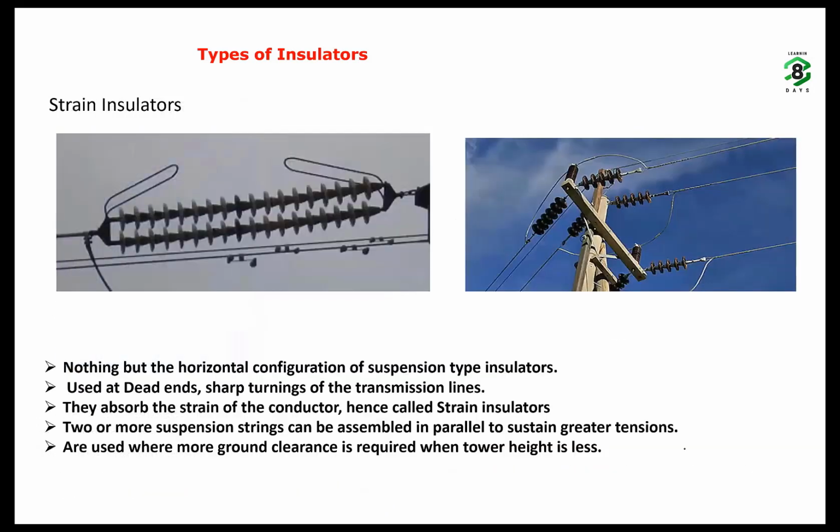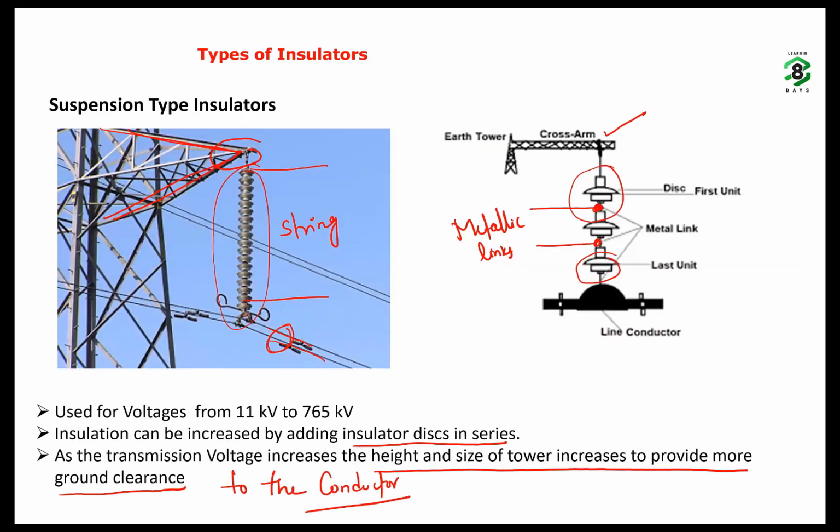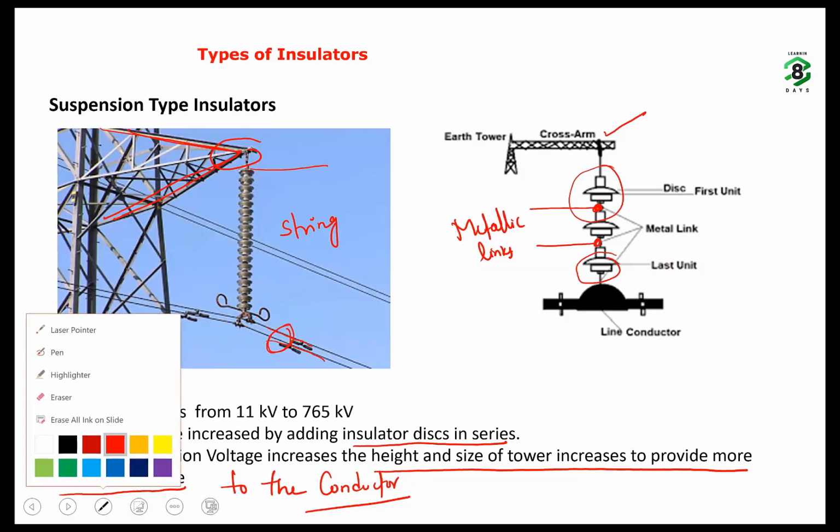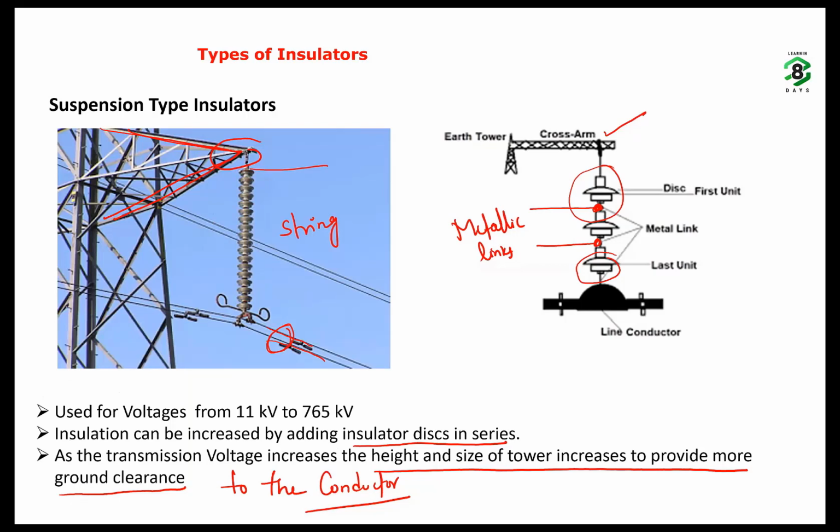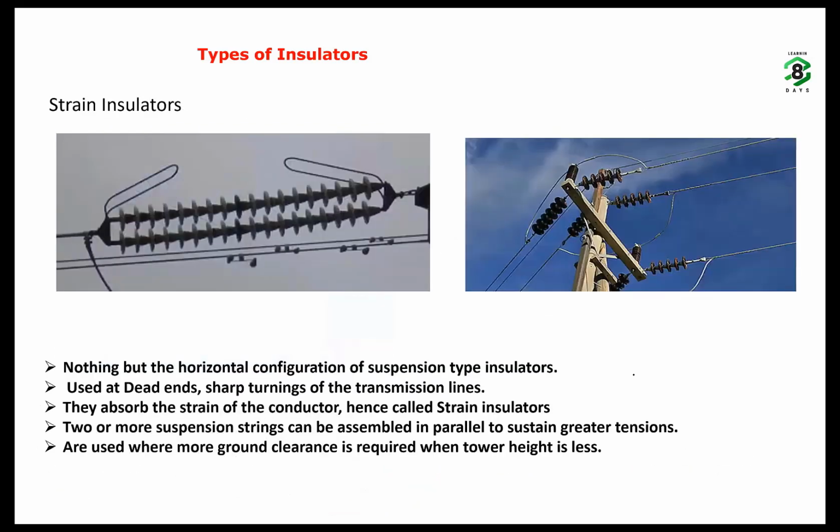So if the same insulator combination, instead of using them vertically, you use them horizontally, that means here I am using this insulator string vertically. Instead of using vertically, if I use horizontally, it will become a strain insulator.